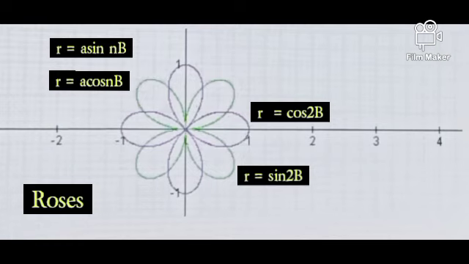In general, the graphs of polar equations r equals a sine nb and r equals a cosine nb are both roses.